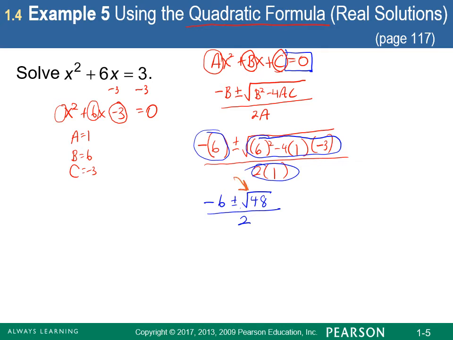Square root of 48 is not a nice number, like a 2 or 3 or 4 or something like that, but we can simplify that. We can rewrite the square root of 48 as the square root of 16 times the square root of 3. Square root of 16 is a 4. So square root of 48 is the same as 4 times the square root of 3.